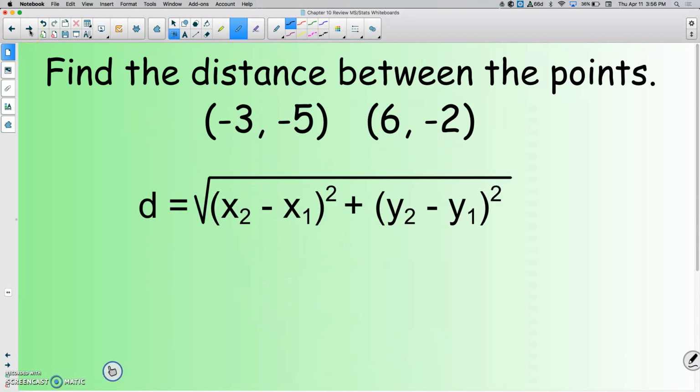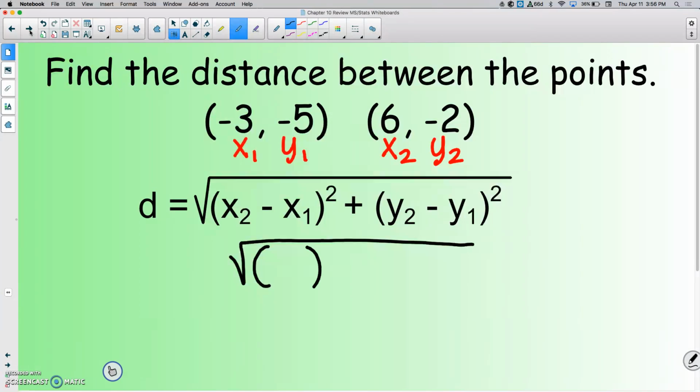All right, our last one. So again, pause the video and try the distance formula. Label your ordered pairs again, x1, y1, and x2, y2. Remember the part of the formula that's always there.